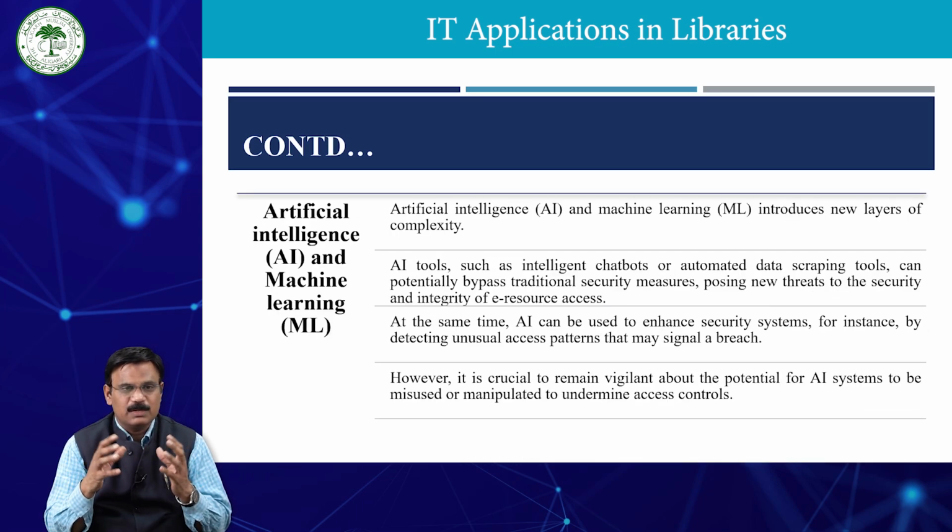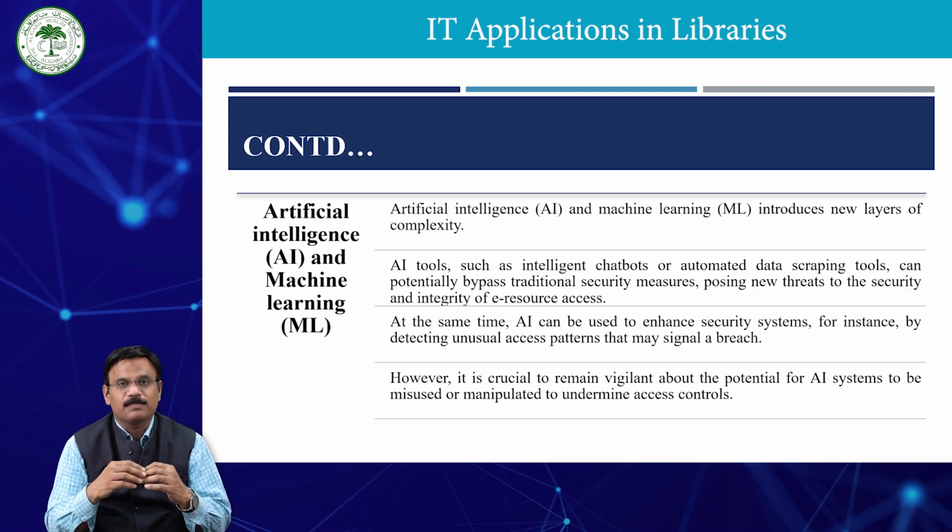Artificial intelligence and machine learning introduce a new layer of complexity. AI tools such as intelligent chatbots or automated data scraping tools can potentially bypass traditional security measures, posing new threats to the security and integrity of e-resource access.